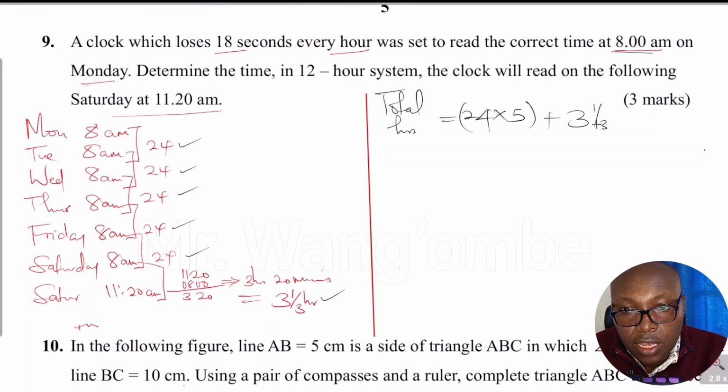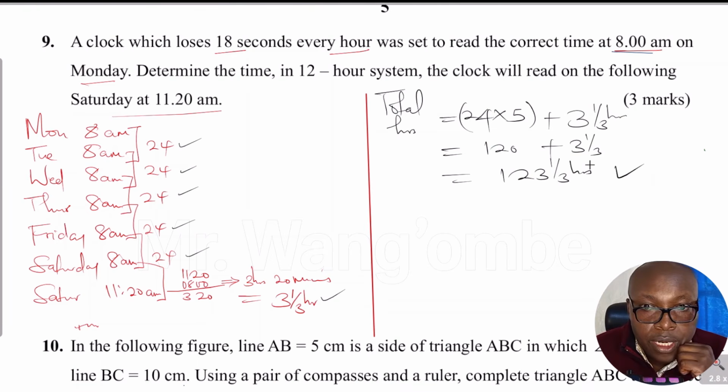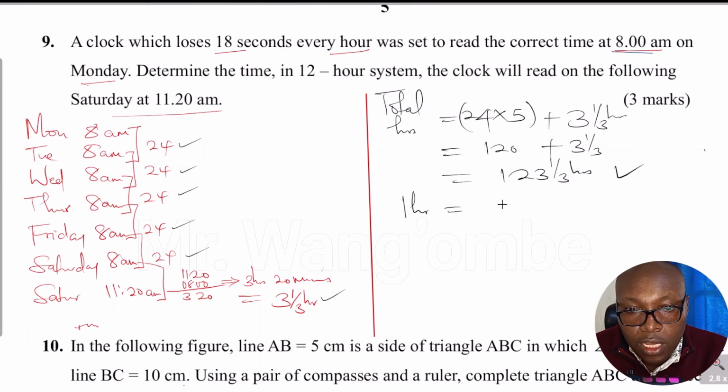So when you add these, you'll get 120 plus 3 1/3 hours, and this will give 123 1/3 hours. Now these are the total number of hours that will be there from Monday 8 a.m. to Saturday 11:20 a.m.